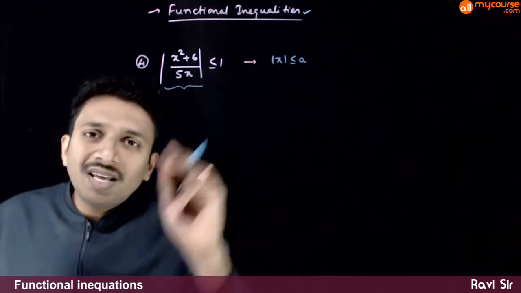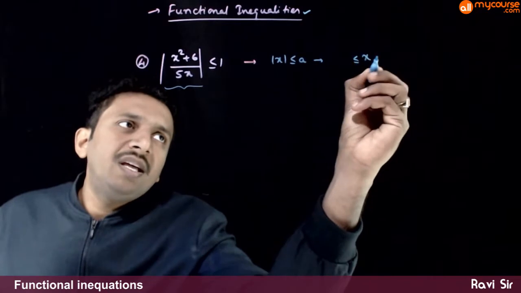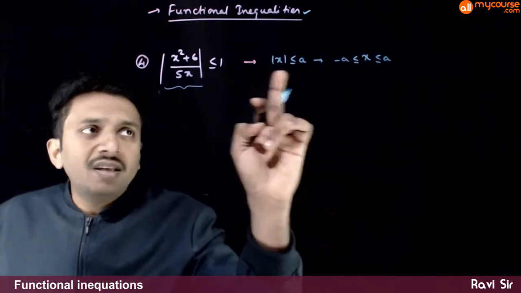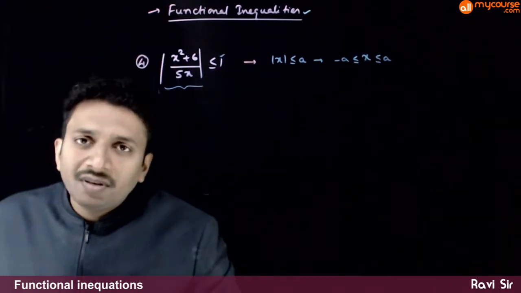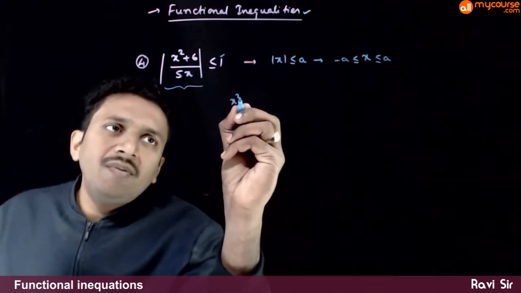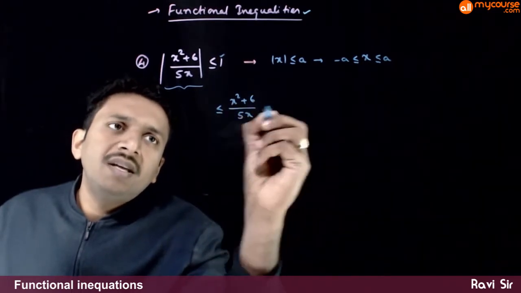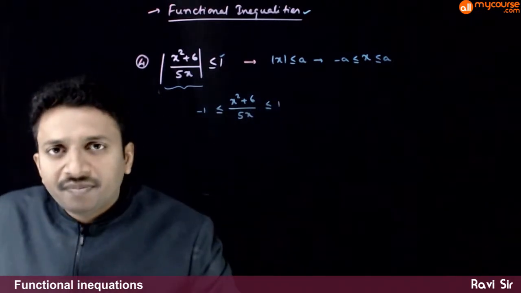So if mod x is less than or equal to a, we have seen that x has to be in between minus a and plus a if a is a positive number. So here 1 is a positive number. Hence, my inequation becomes x square plus 6 by 5x is in between minus 1 and plus 1.